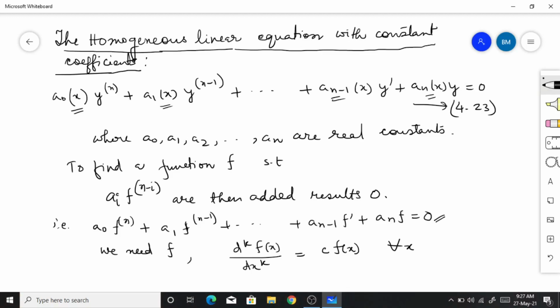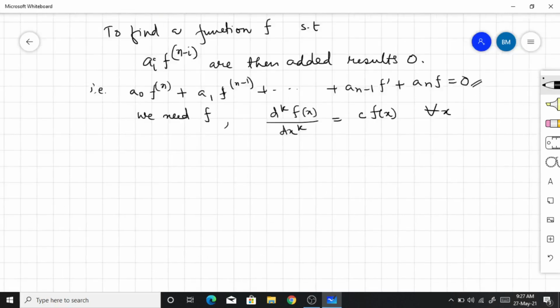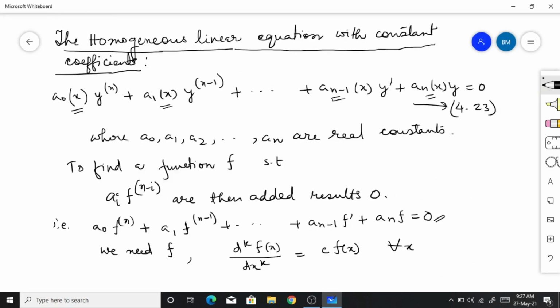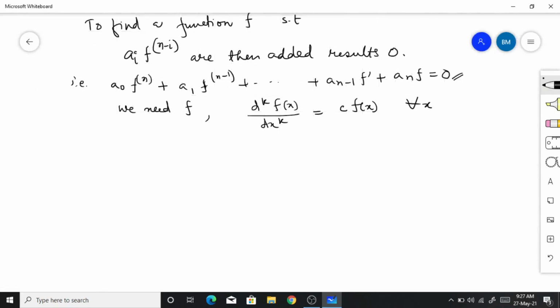Now the question is: is there any such function which satisfies this condition? The answer is yes.